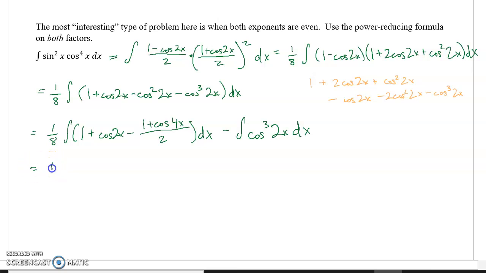So then we can combine a bit inside this one and get 1 minus 1/2 is 1/2. And then we've got cosine of 2x, and then minus 1/2 cosine of 4x.